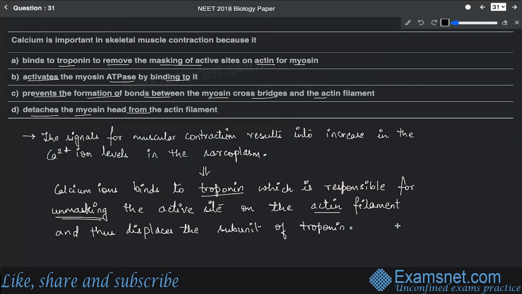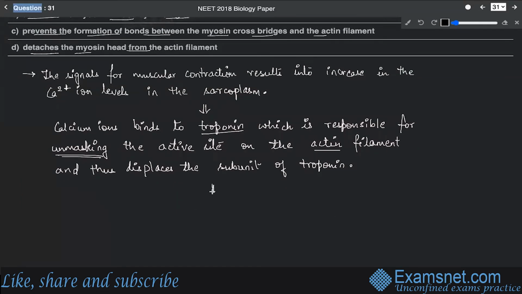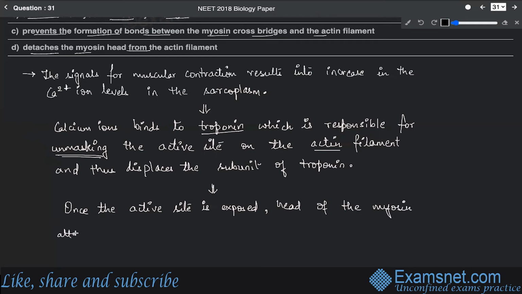Once the unmasking has been done and the active site is exposed, the head of the myosin filament is going to attach and initiate the contraction process.